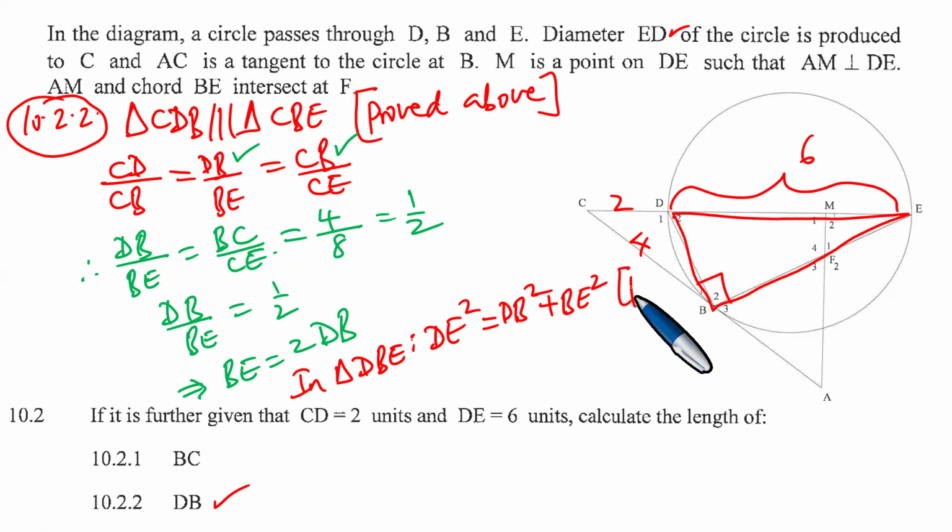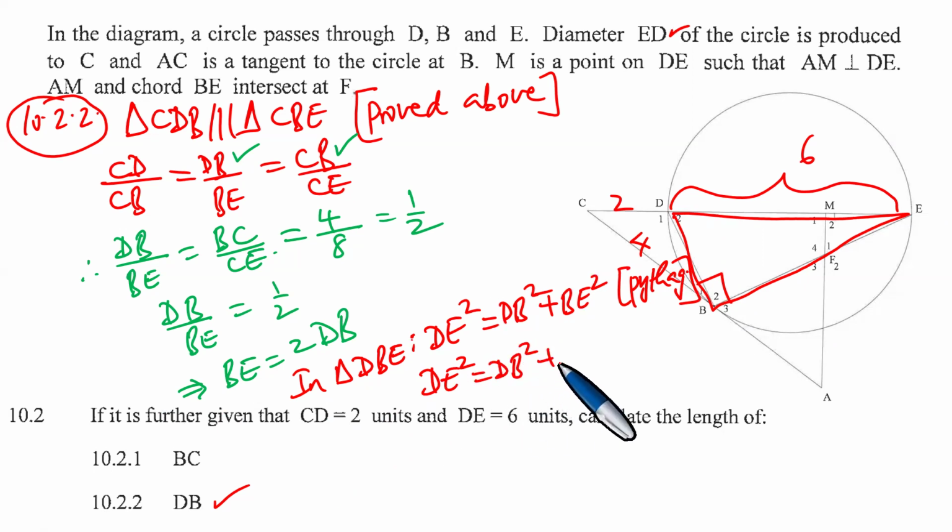Because of Pythagoras. So now we have DE, and then what is DB, and what is BE? BE is 2 times DB.